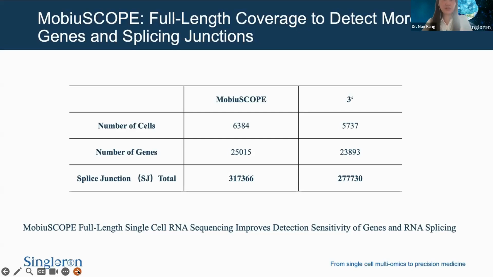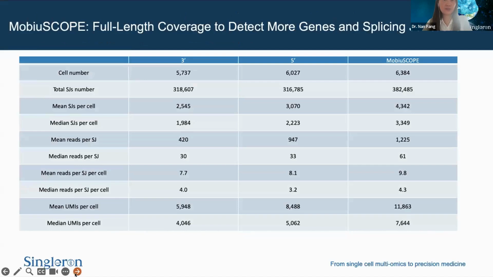So we could detect also more genes per cell, as well as especially more splicing junctions per cell. And as you can see here from this table, we could detect more than 40,000 splicing junctions in the sample with the full-length MobiuSCOPE method compared to the typical 3' single-cell RNA sequencing method.